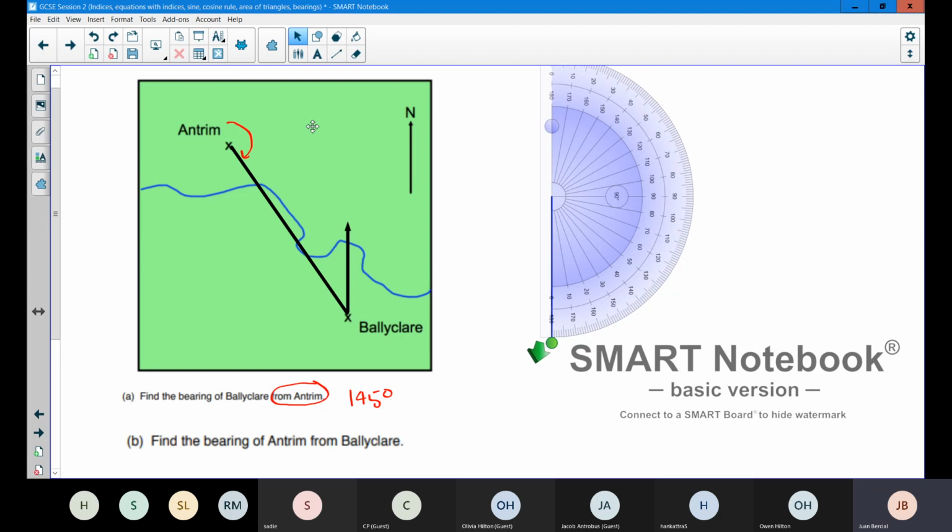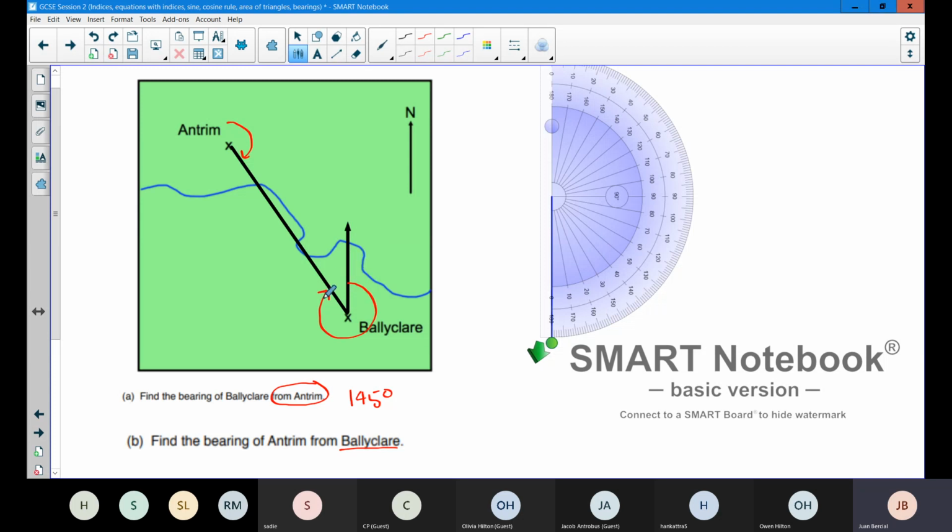So Antrim from Ballyclare means that the north is here, and you can see that this angle now is clockwise. A reflex angle is going to be all the way there, bigger than 270, so it's going to be 300 or so.